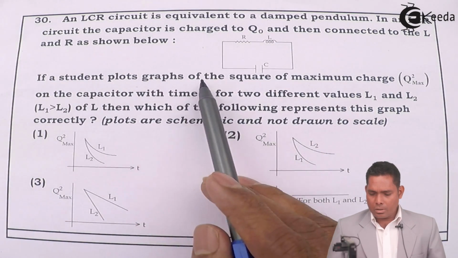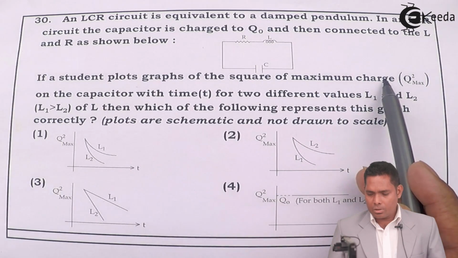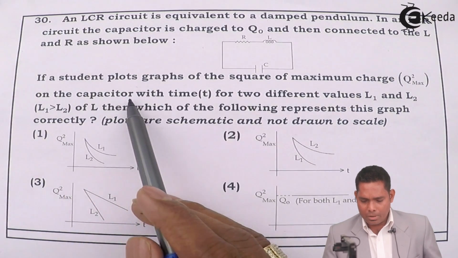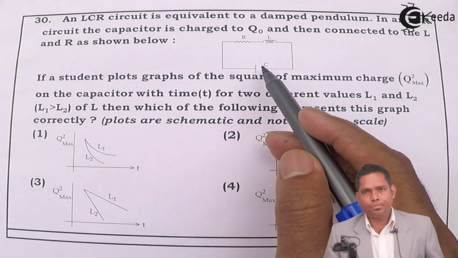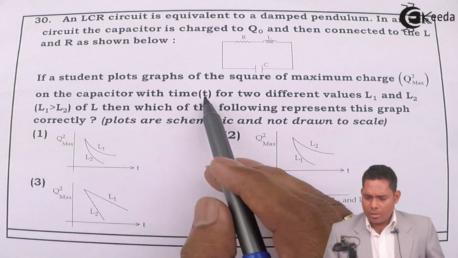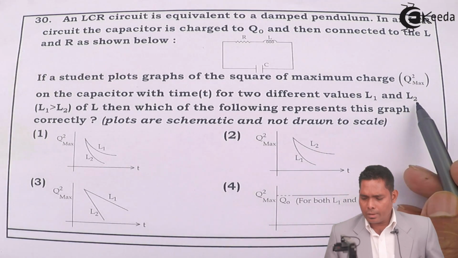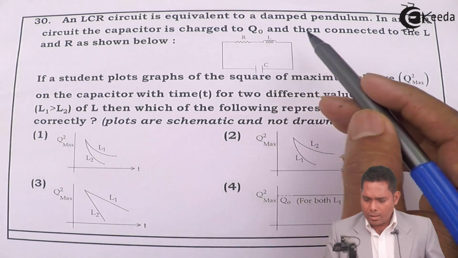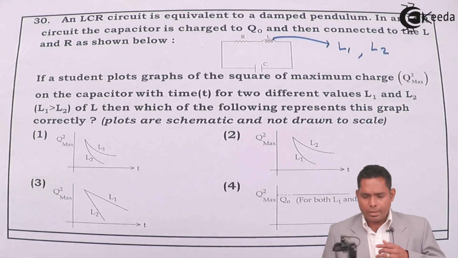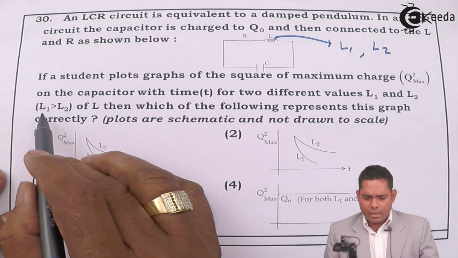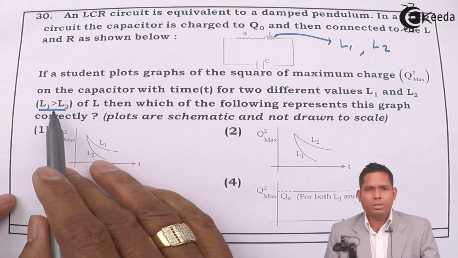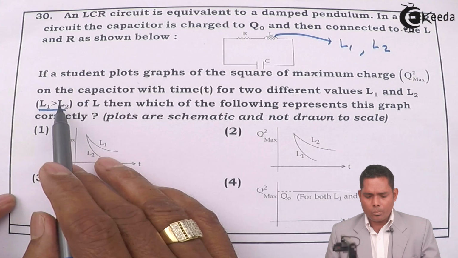If a student plots the graphs of the square of maximum charge, that is Q max square, on the capacitor versus time for two different values of L, L1 and L2, given that L1 is greater than L2. This is a very important information.